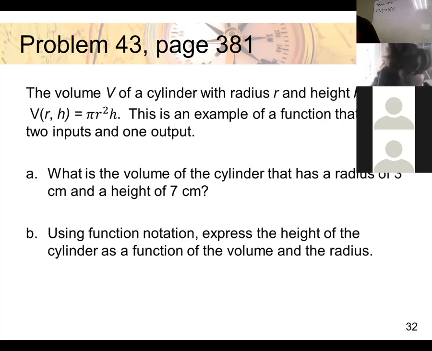To be honest with you, in my math lab, in WebAssign, sometimes they want their answer different as well. They want this to the nearest whole number. Pi, of course, is 3.14 times 3 squared, that's 9, times 7.